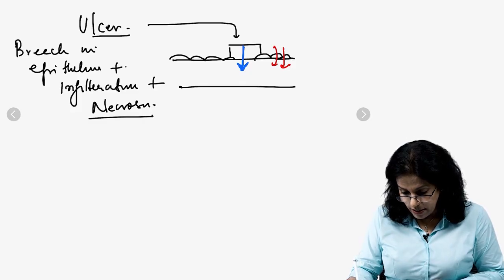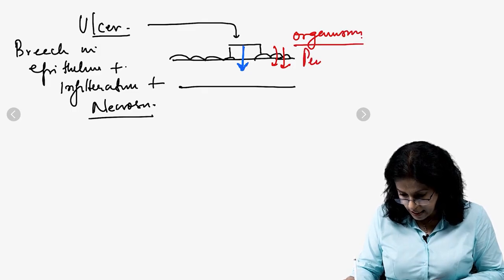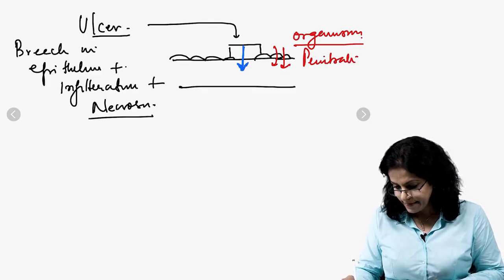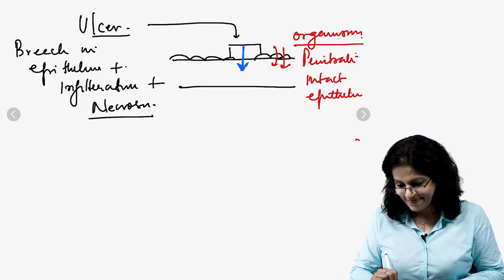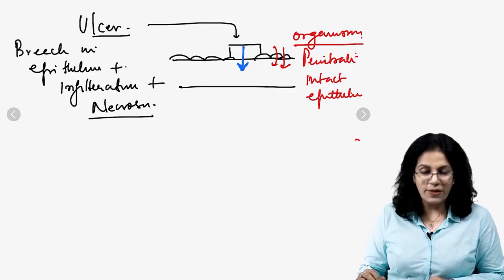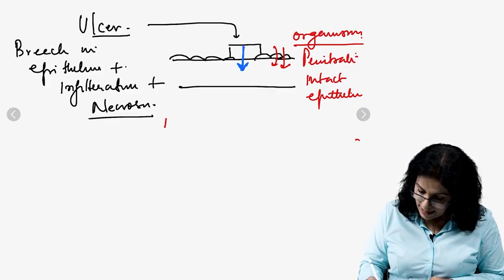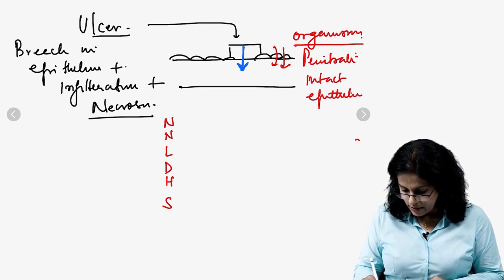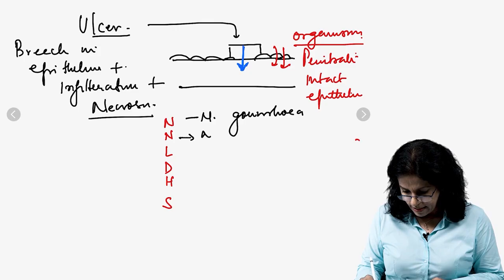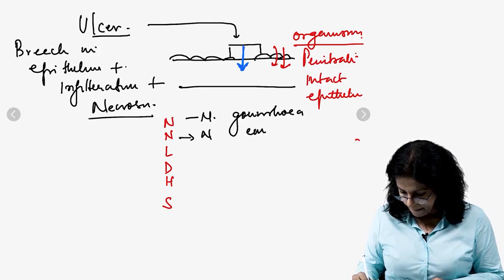Okay. So, this is an important exam question: which organisms can penetrate intact epithelium? We are going to learn this with a simple mnemonic, NN-LDHS. LDH, you know what it is. The last entry is S. NN is both Neisseria: Neisseria gonorrhoeae and Neisseria meningitidis.